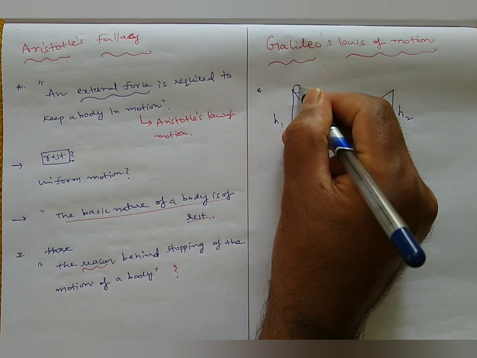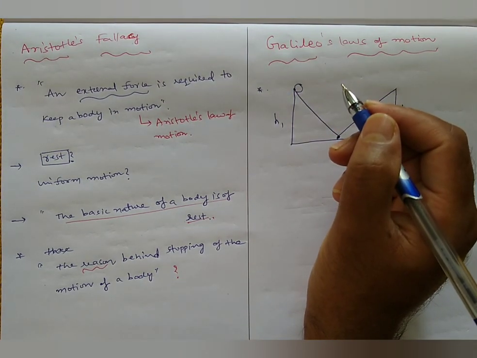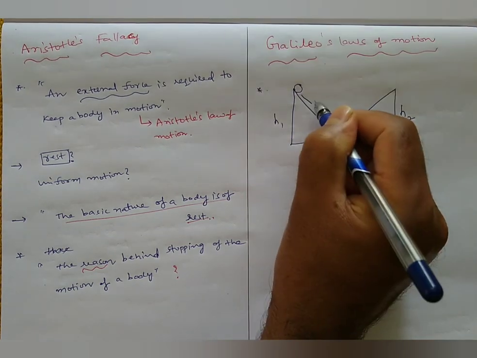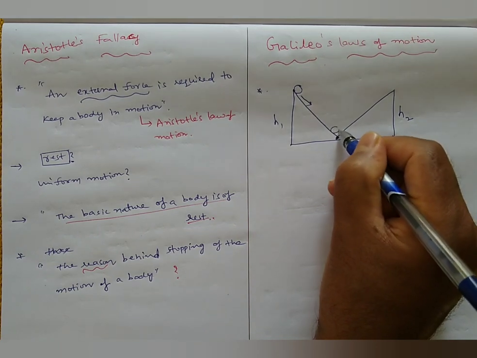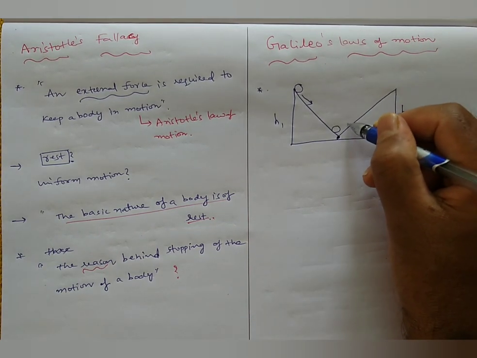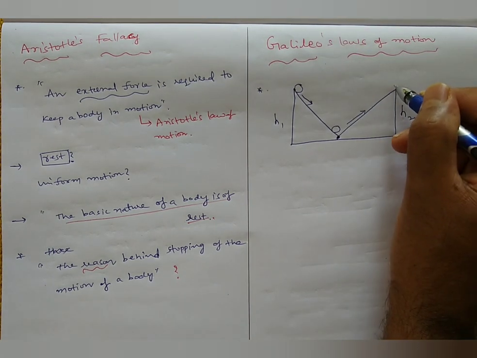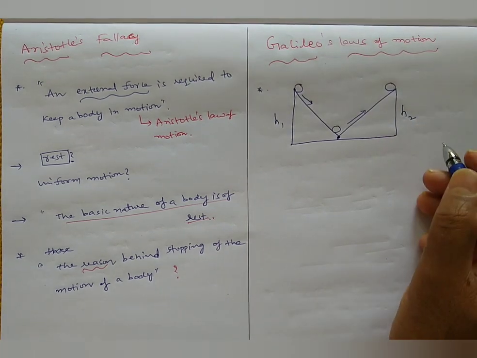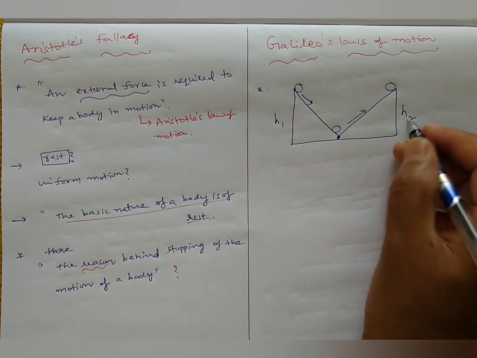One object is released from this point, falls down and reaches this position, and again it climbs upward and reaches the other end of the second inclined plane.